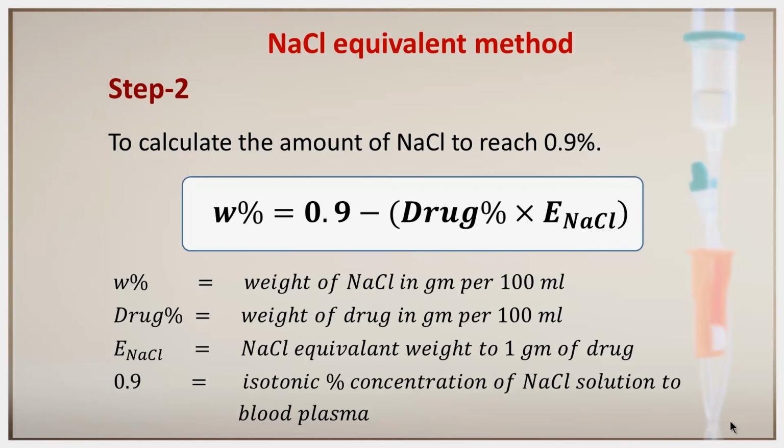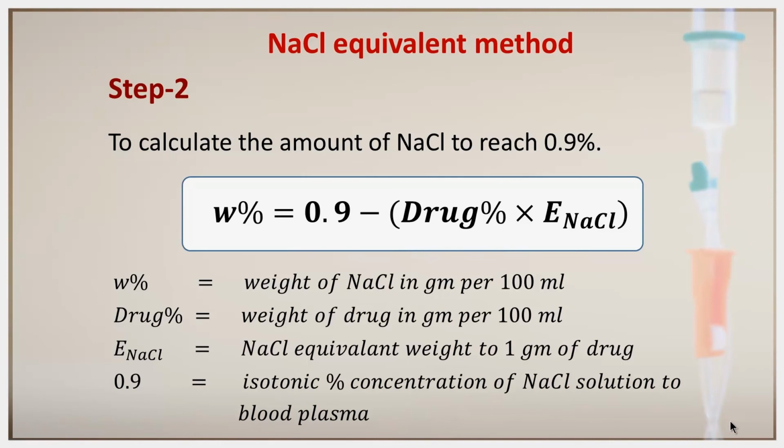In step 2, we will be calculating the amount of NaCl to reach 0.9% concentration, and the formula used is W percent, or weight percent, equal to 0.9 minus drug in percentage multiplied by E NaCl value. The E NaCl value, as I mentioned earlier, is given to you in the question when you attempt examples for calculating isotonicity, where W percent stands for weight of NaCl in gram per 100 ml to make isotonic solution.